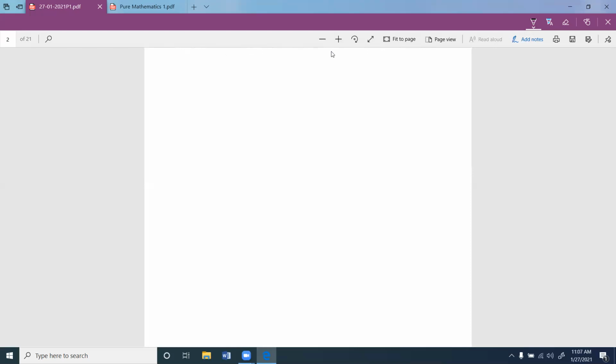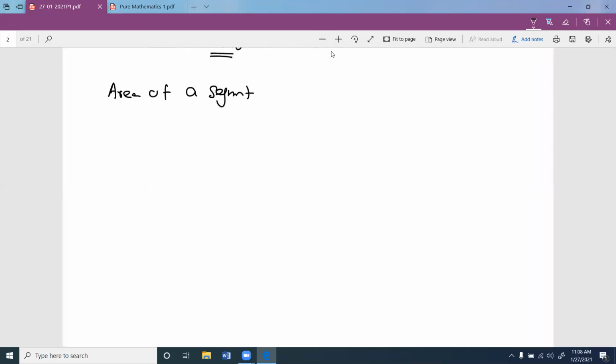The next fact we are talking about is the area of a segment. Before we try to identify the area of a segment, let's identify the area of a triangle. Suppose you get a triangle just like this, where this length is A, this length is B, and this angle is theta.